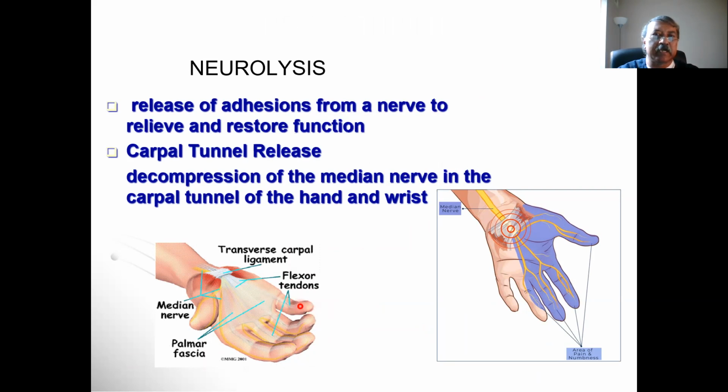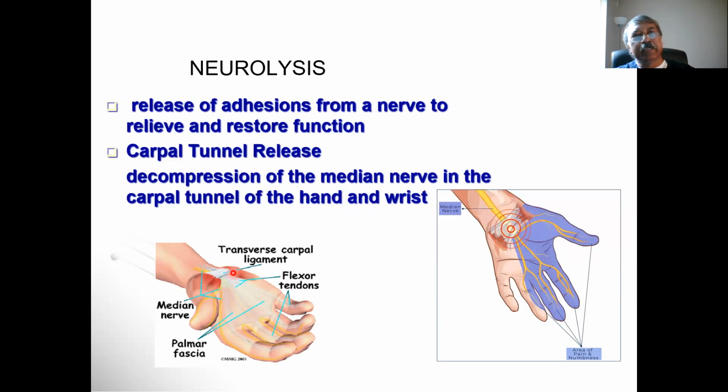The little finger gets its nerve from the ulnar nerve, but the thumb, index finger, middle finger, and this fourth finger here, you get the median nerve to innervate.